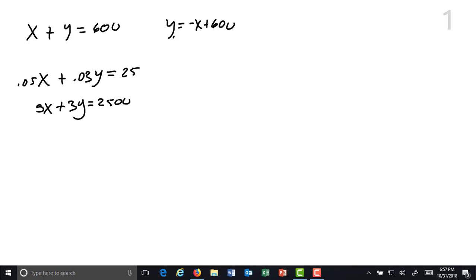But I want my x over here to start putting it into the y equals mx form. So then I'm going to have 3y equals minus 5x plus 2,500. Do you see that? So obviously I have to divide by 3, correct? So the second line is going to be a slope of minus 5/3 x plus 2,500 over 3.